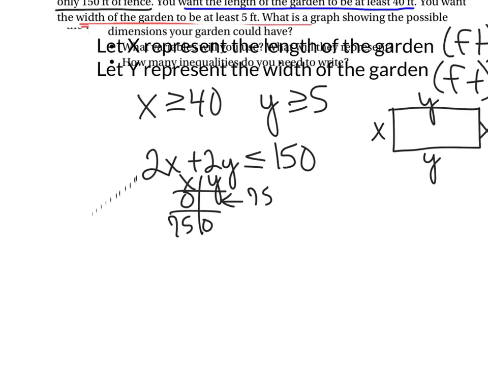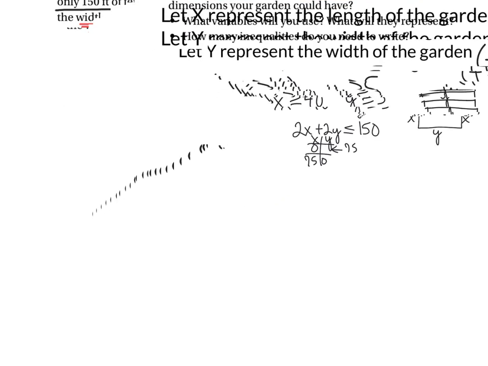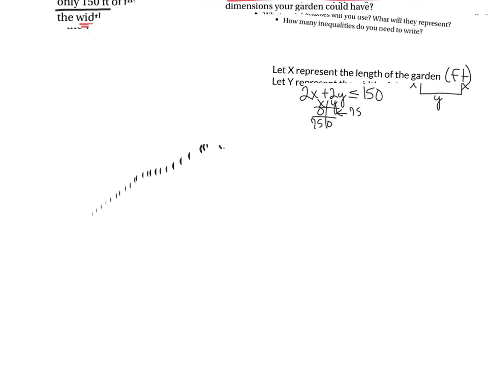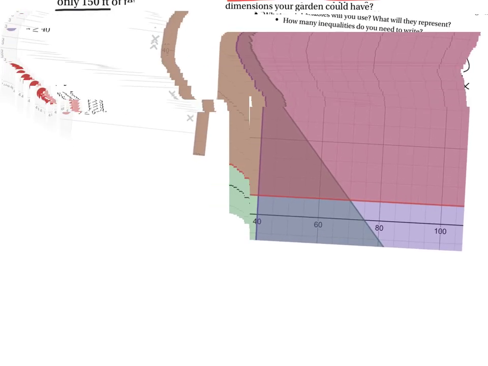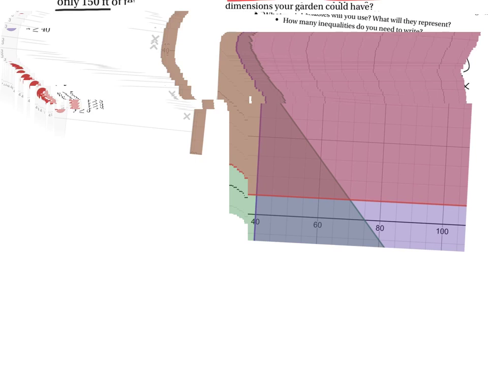Maybe we're trying to keep deer or animals from eating our garden, so we've got to close it in. So when we graph, this is something like what our graph should look like. And so it's in this triangle here would be the different possibilities that we could do.